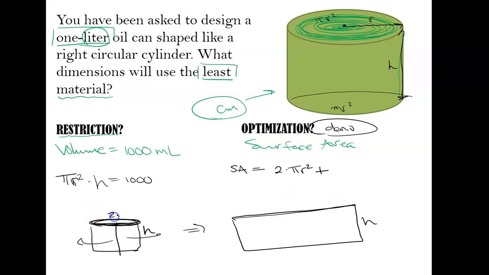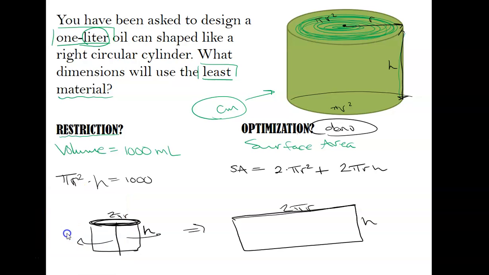This distance is 2 pi r, right? That's a circumference. So this length is 2 pi r. So the area of my top is pi r squared. The area of my bottom is pi r squared. The area of my side is going to be the area of this rectangle, which is 2 pi r h. So 2 pi r h.